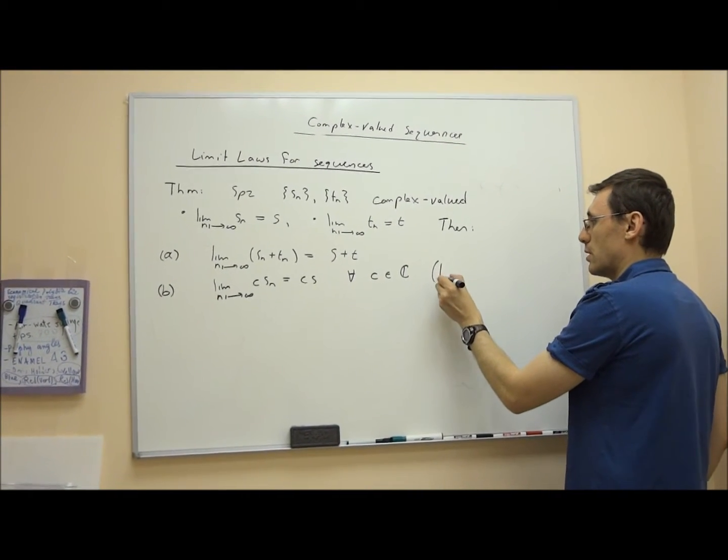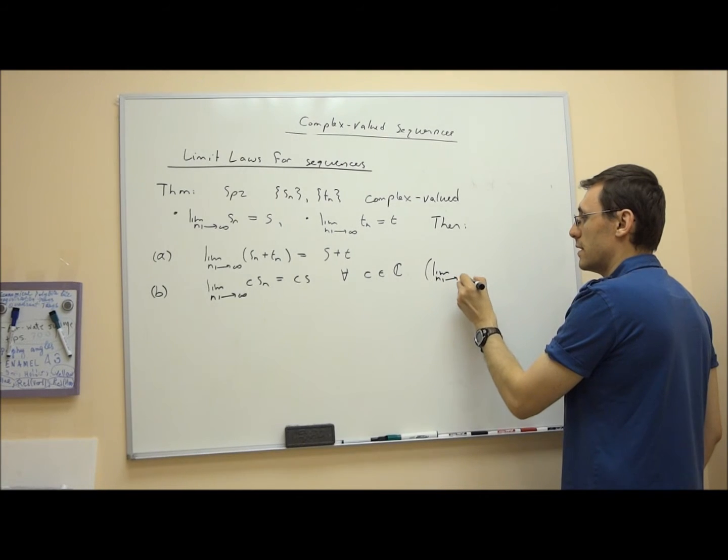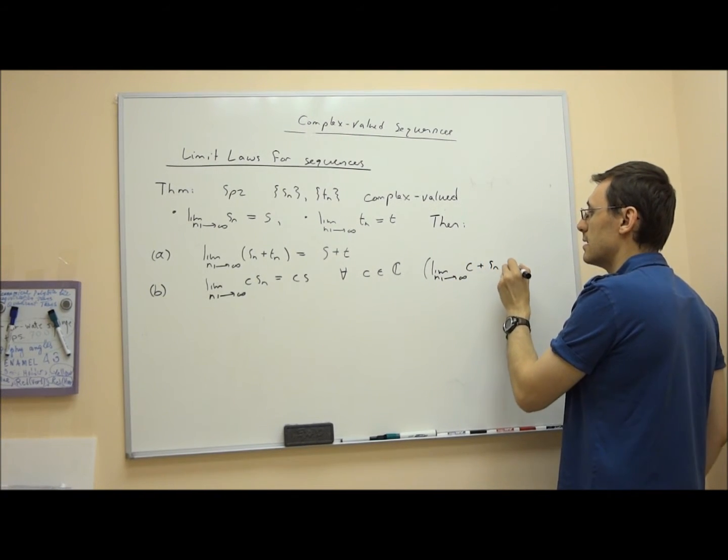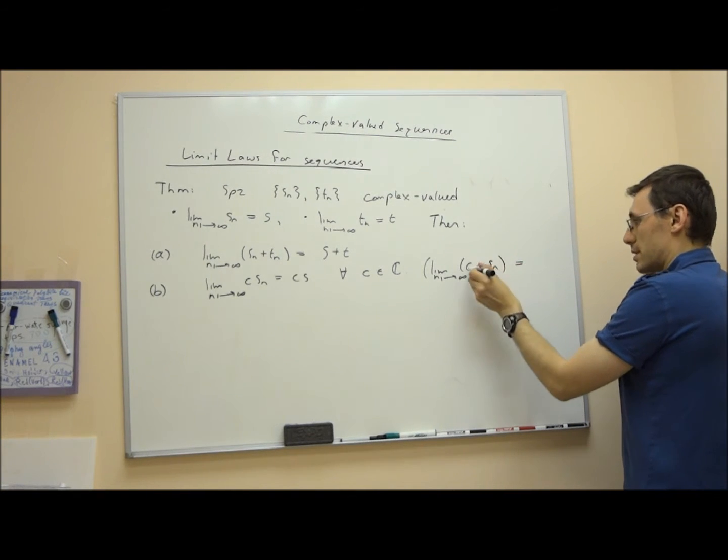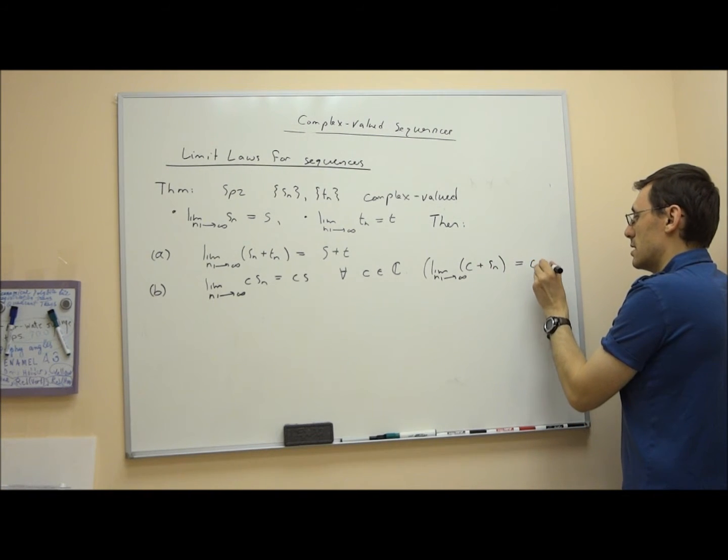Also, by the same rule, we also have the limit as n goes to infinity of C plus Sn. That actually follows from part A, where C is taken to be the constant sequence. That was just C plus S.